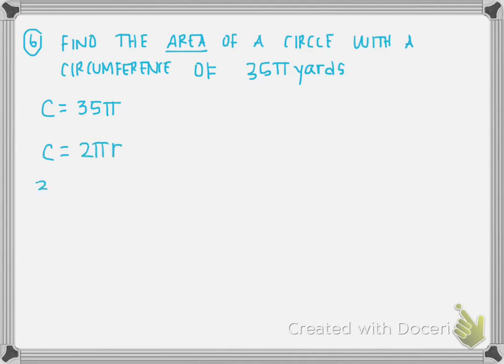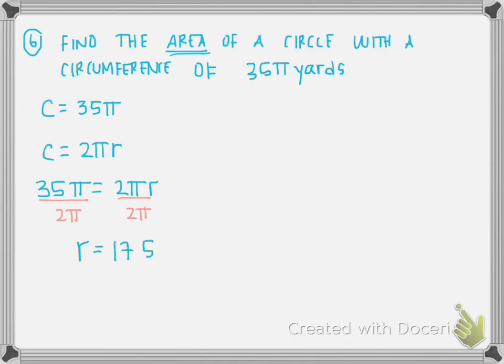So I have 35 pi is equal to 2 pi r. To find your radius here, you're going to divide by 2 pi. So your radius is going to be 17.5.